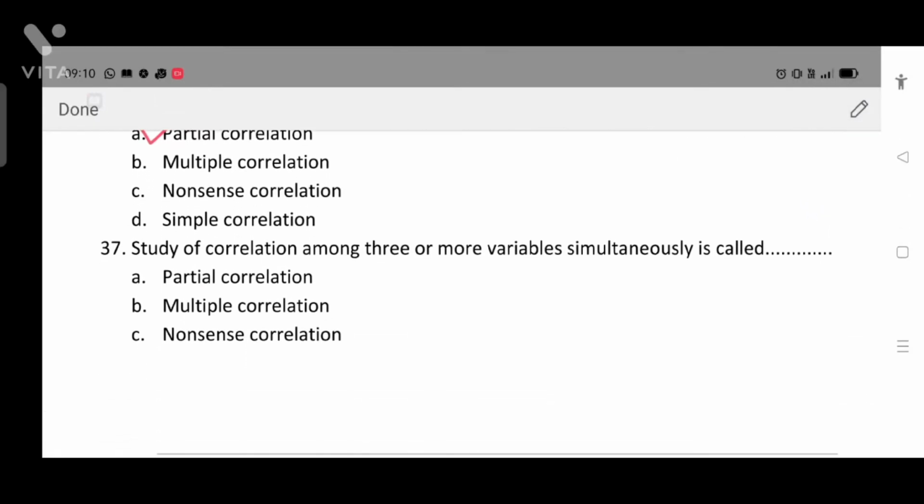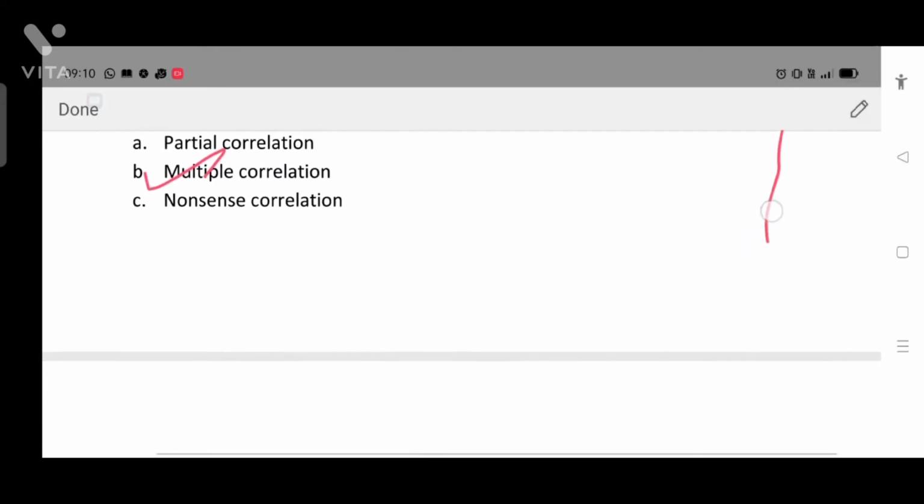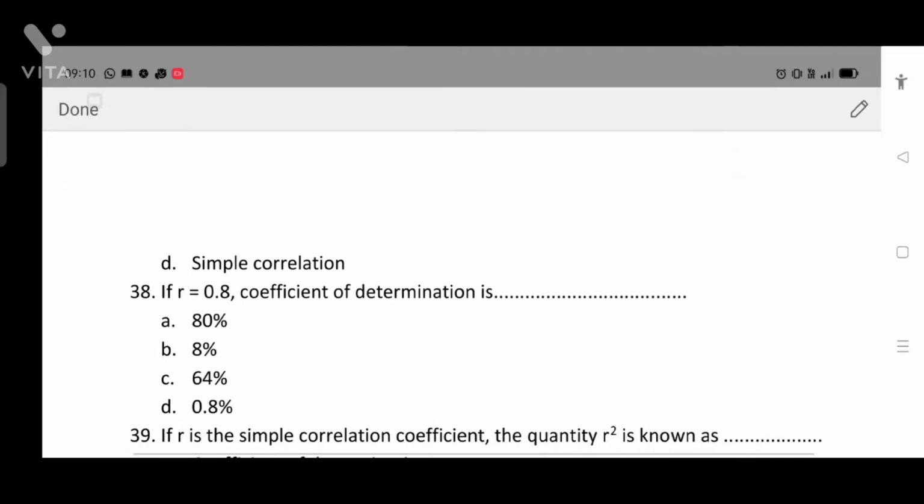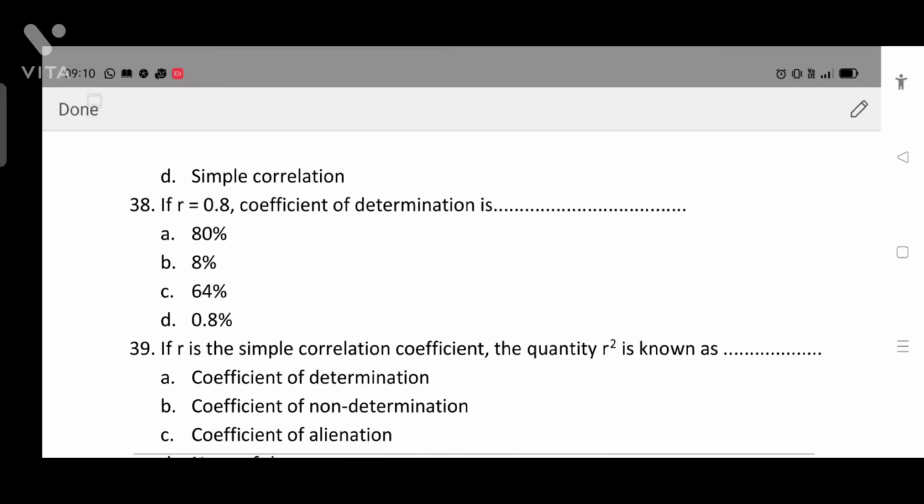The study of correlation among three or more variables simultaneously is called A, B, C, D. Multiple correlation. Question number 38.